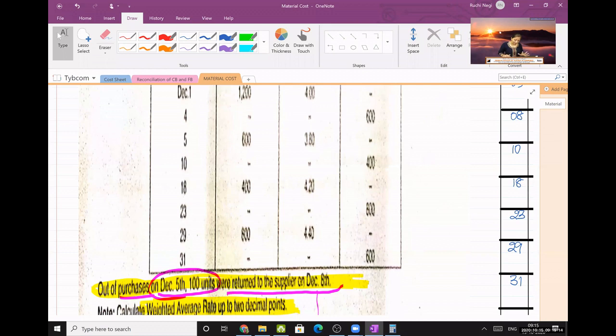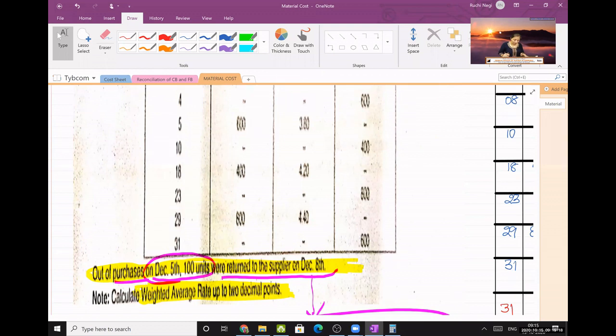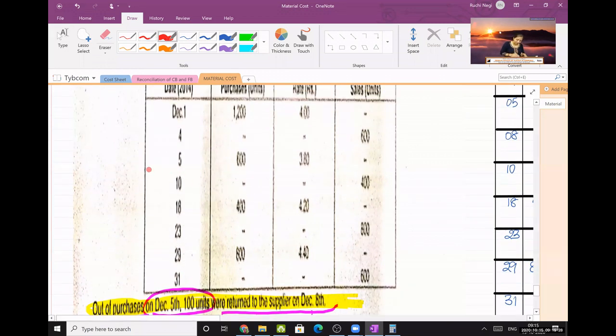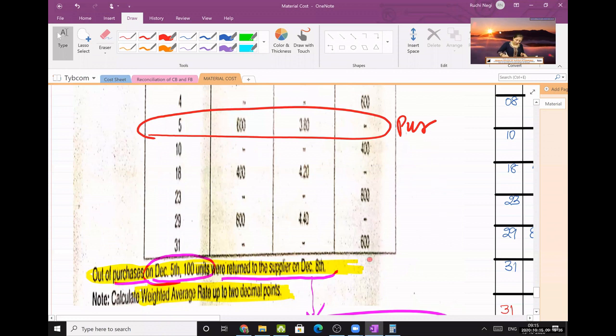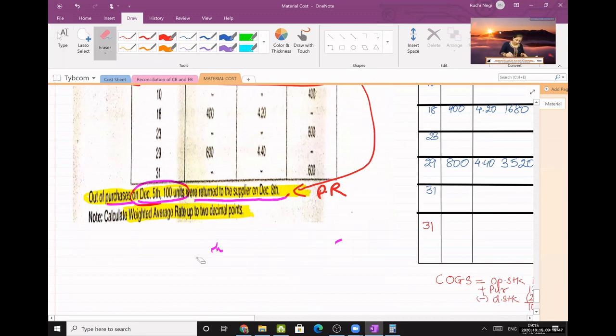The highlight of the sum is the part I have marked in yellow: out of purchases on 5th December, 100 units were returned to the supplier on 8th December. So there was a purchase on 5th, and obviously, if it was returned on the 8th, this is a purchase return. Clear? Okay.